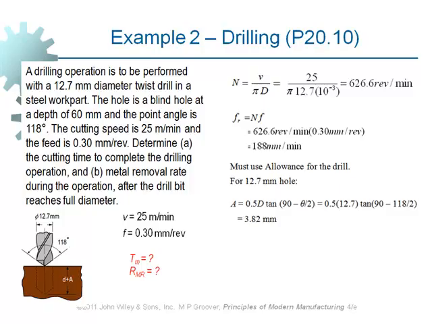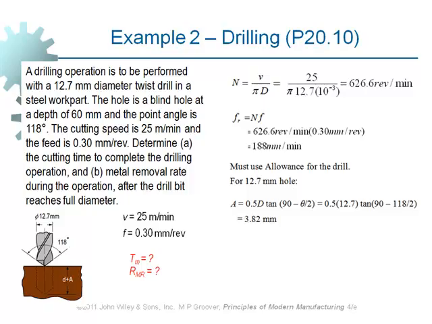We've got to compute the amount of allowance, which is A. How do we do that? We've got the diameter of the cutting tool, which is 12.7, and we've got the tool tip angle, which is 118 degrees.